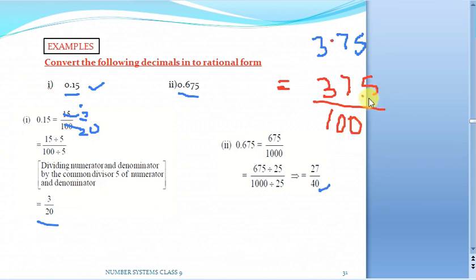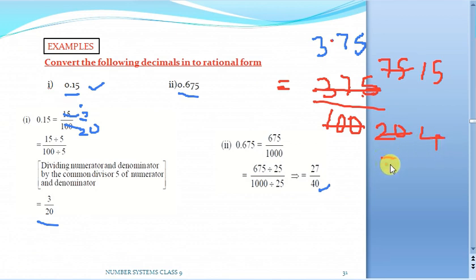Now see, both the numerator and denominator can be cancelled with the 5 table. So let us do it. 375 by 5 is 75, and 100 by 5 is 20. Again 75 by 5 is 15, and 20 by 5 is 4. So it is going to be 15 by 4.